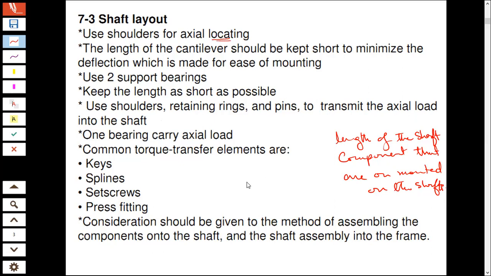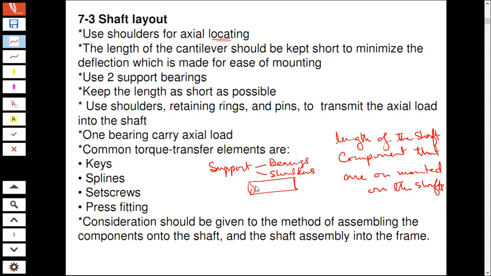When you put a shaft in an application, this shaft is going to be supported, right? And that support comes from either bearings or shoulders.